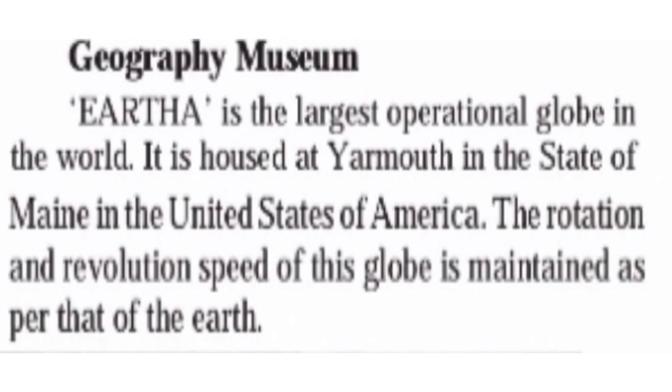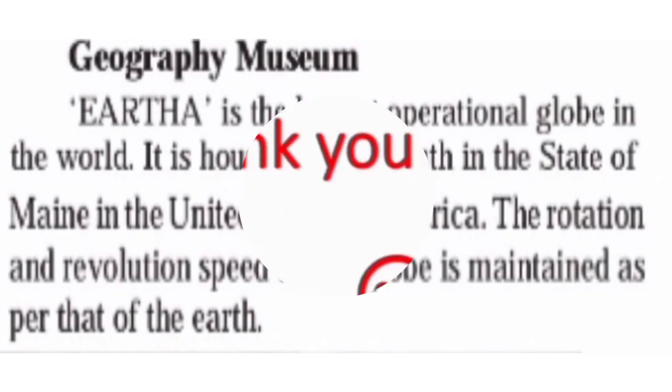So this EARTHA operational globe is situated at Yarmouth in the state of Maine in America. The rotation and revolution speed of this globe is maintained as per that of the earth. So the rotation and the revolution speed of this globe is exactly similar to our earth.